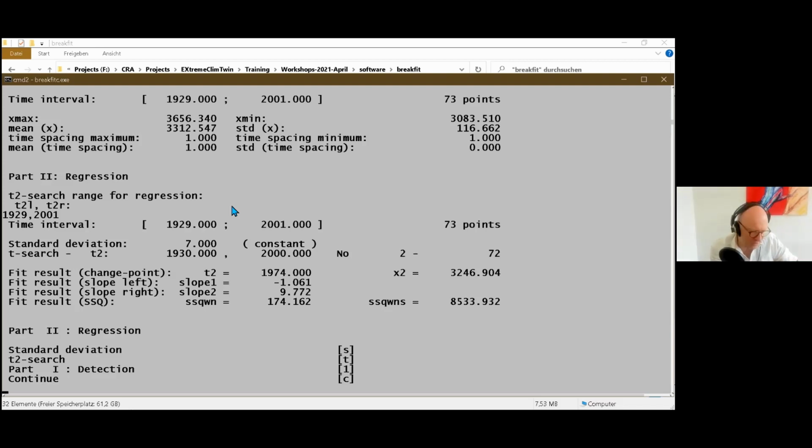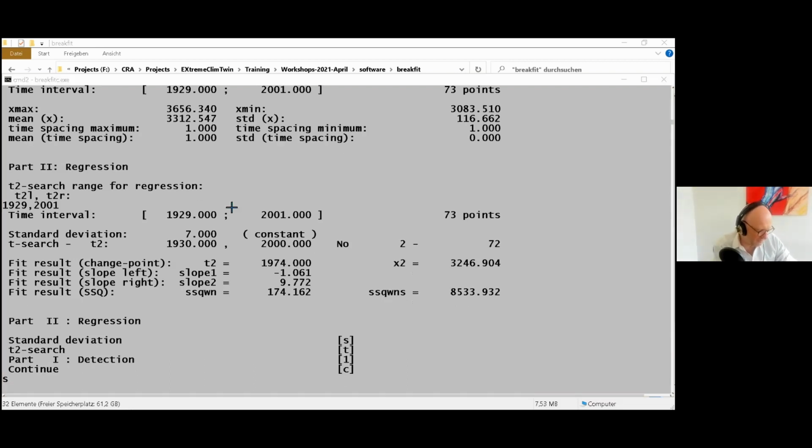And I will now do another weighting. And we see also this slope of 9.772. Maybe I write it down not to lose it. And the other slope is minus 1.061, 1974. I will now do another weighting. That means I use S here for the standard deviation.